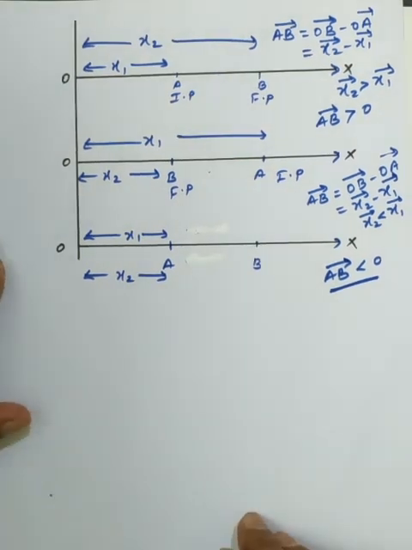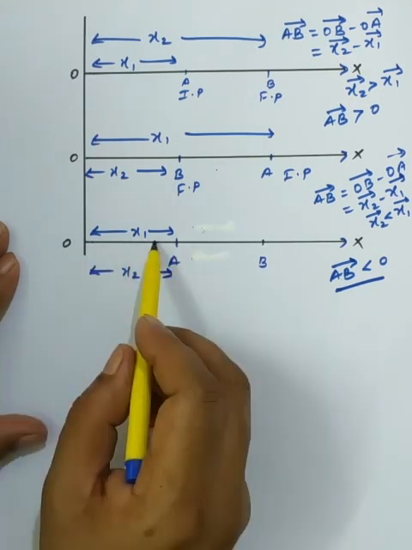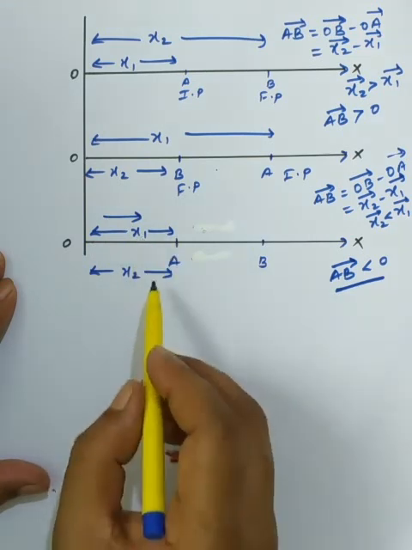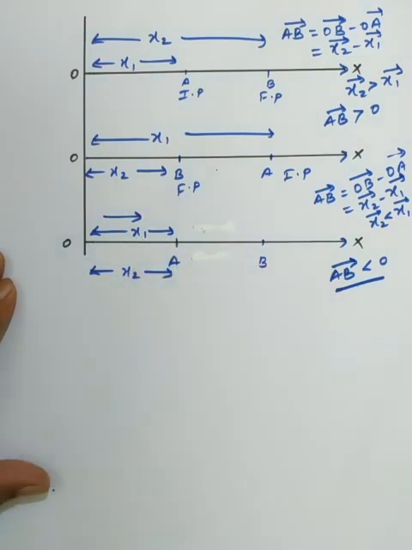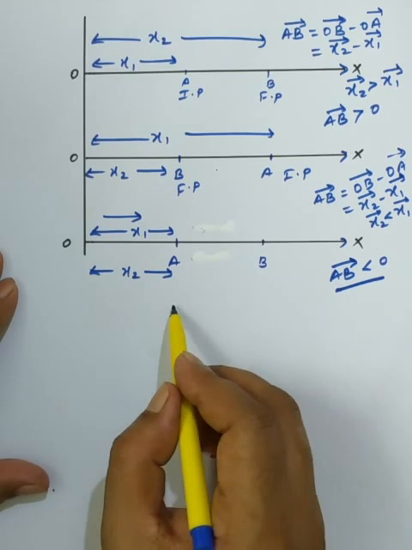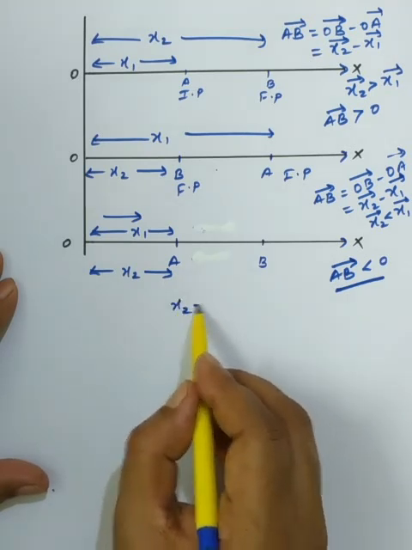In this portion, the object is moving from O to A, that is x1. This is the movement of the object, and then it moves from A to A. Whenever we find the displacement, it is the final position minus the initial position, x2 minus x1.